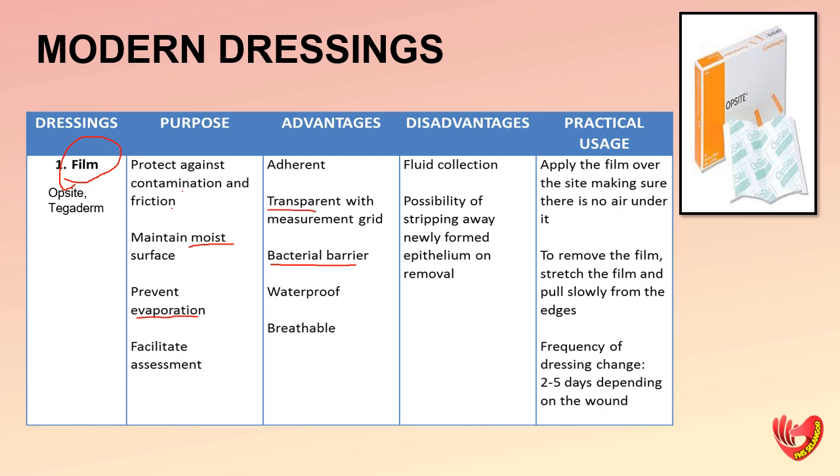It helps to facilitate the wound assessment. It is also waterproof and breathable. However, there could be fluid collection. When we remove the film, there's a possibility of stripping away newly formed epithelium. The dressing change is about 2 to 5 days, depending on the wound.